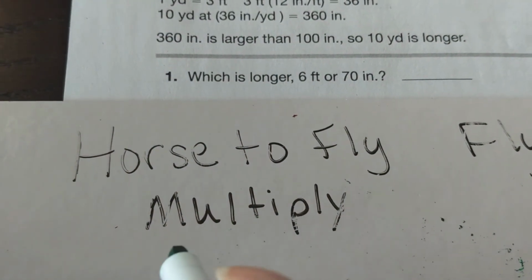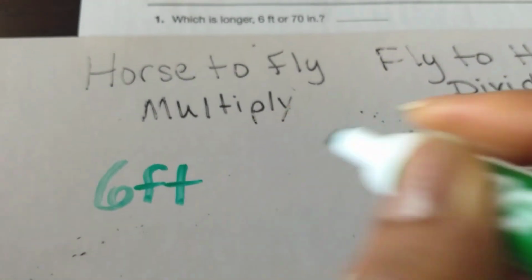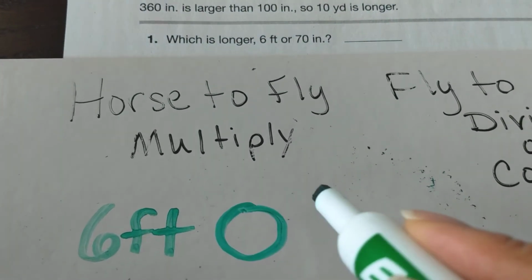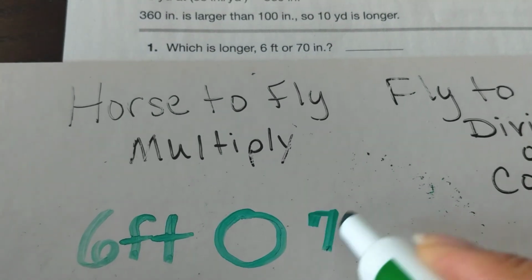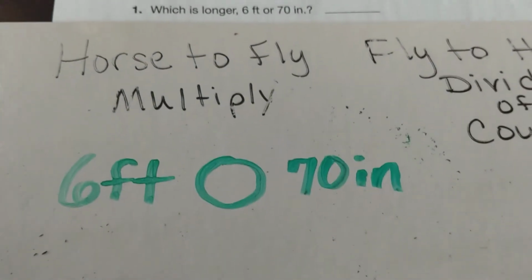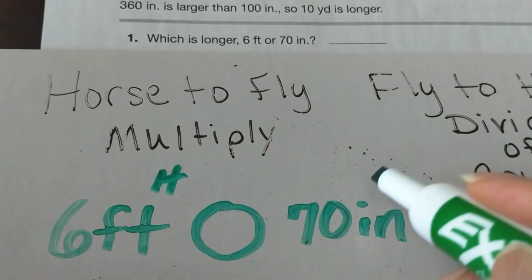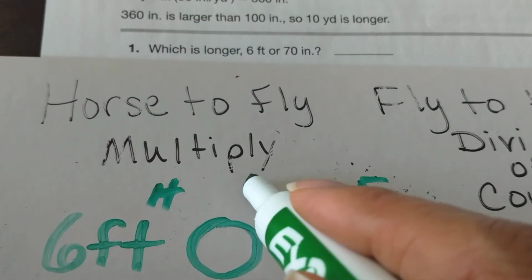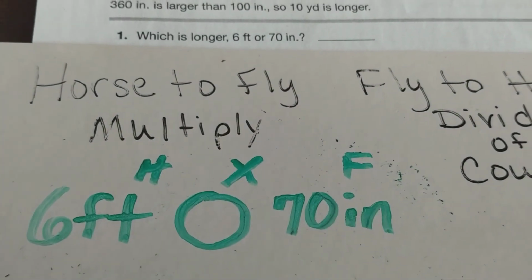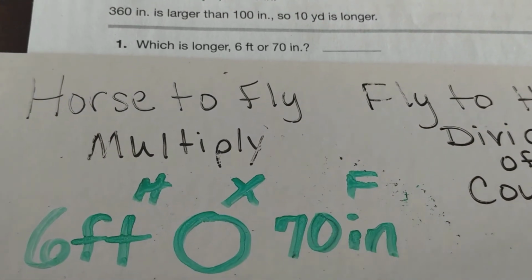Okay, so I'm going to write my problem out. 6 feet is greater than or less than 70 inches. We're trying to figure out which one is longest, right? Okay, feet to inches. Remember, horse to fly, what? Multiply. All right, now, how many inches are in a foot? 6 times some number.